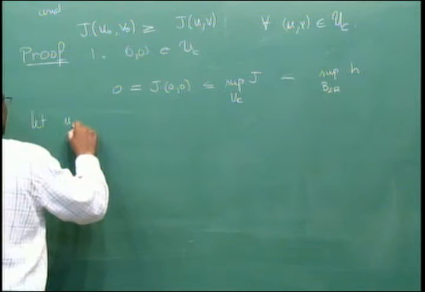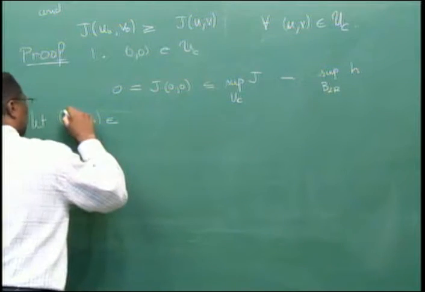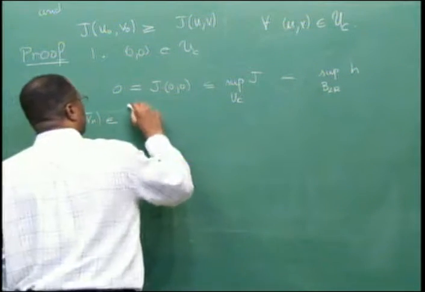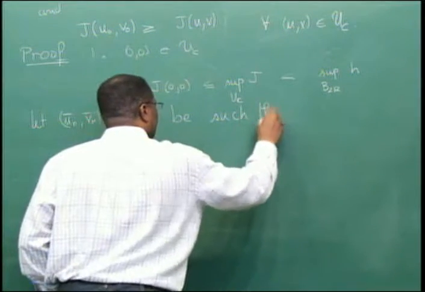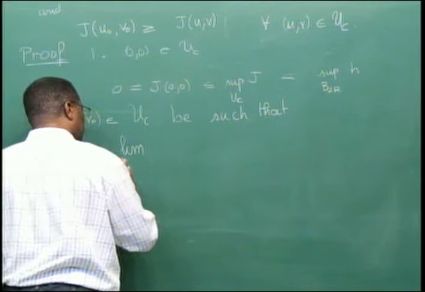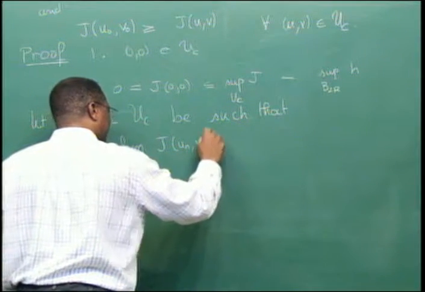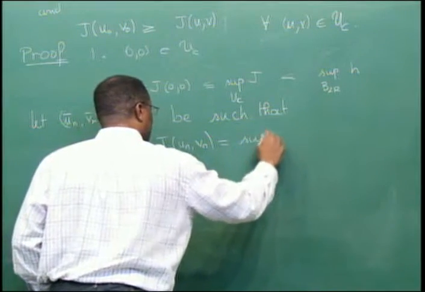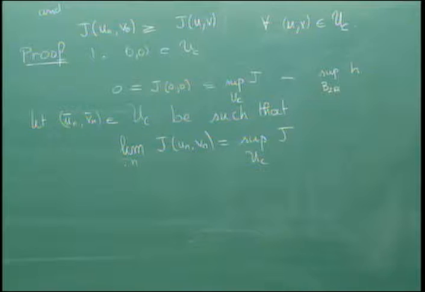Let un, vn be in UC, be such that the limit when n goes to infinity of J of un, vn is the sup of J over UC.